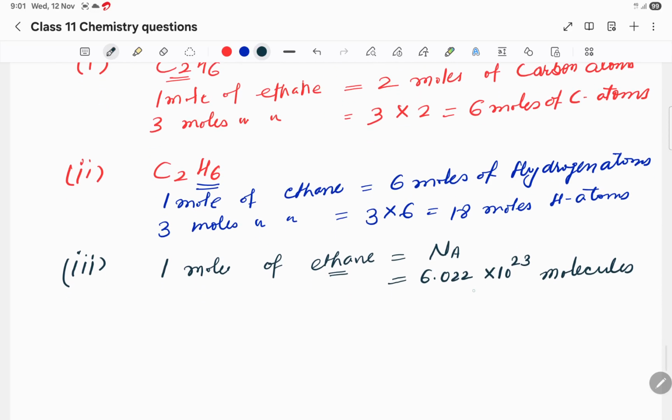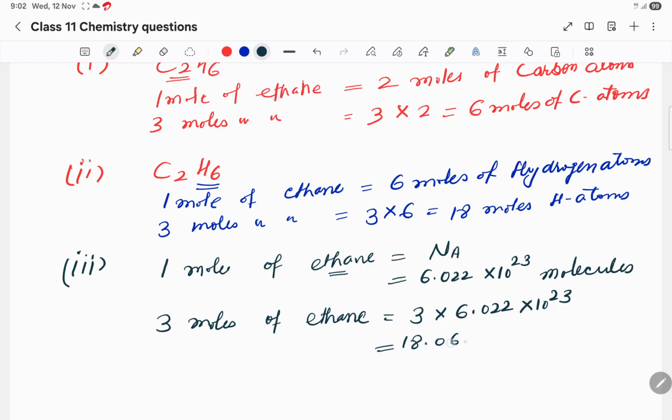If these much molecules are present in 1 mole, then how much is present in 3 moles? Once again, it is a simple multiplication. 3 moles of ethane will have 3 multiplied by 6.022 into 10 to the power 23. Okay, when you multiply it, you will get 18.066 into 10 to the power 23.